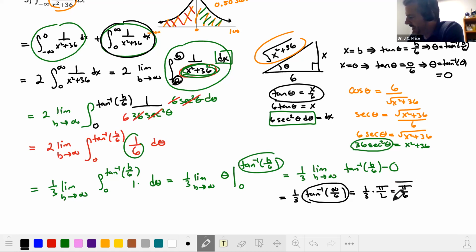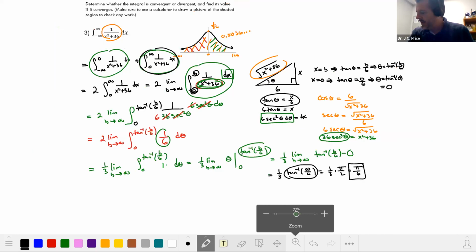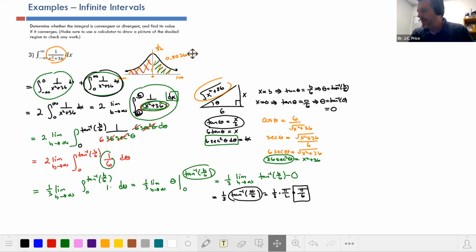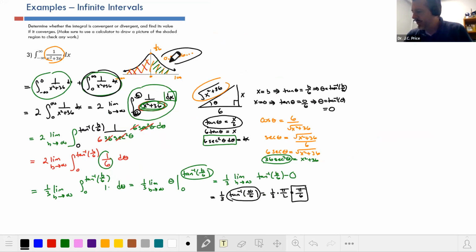And then the question becomes, is pi over 6 the same thing or similar to the same thing that we found above? So let's take a look here. Let's zoom out a little bit and move this over. All right, so basically we have this number here, 0.5036.